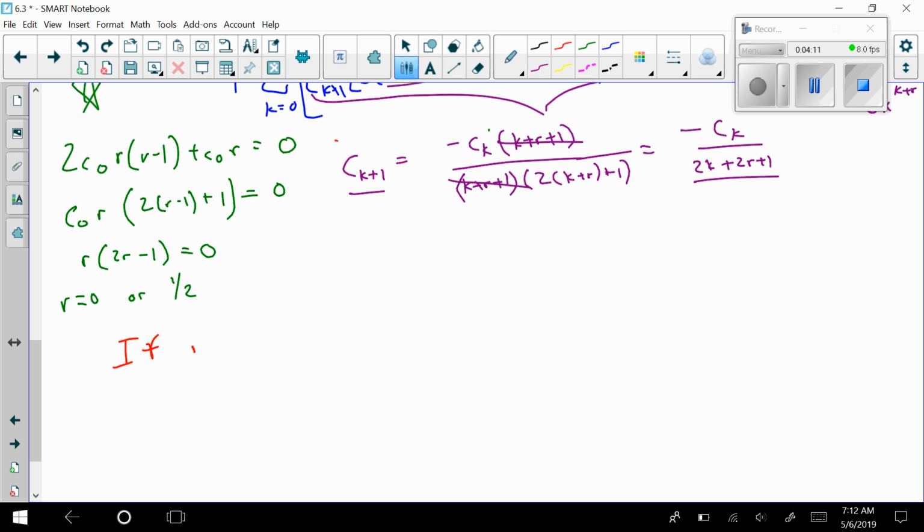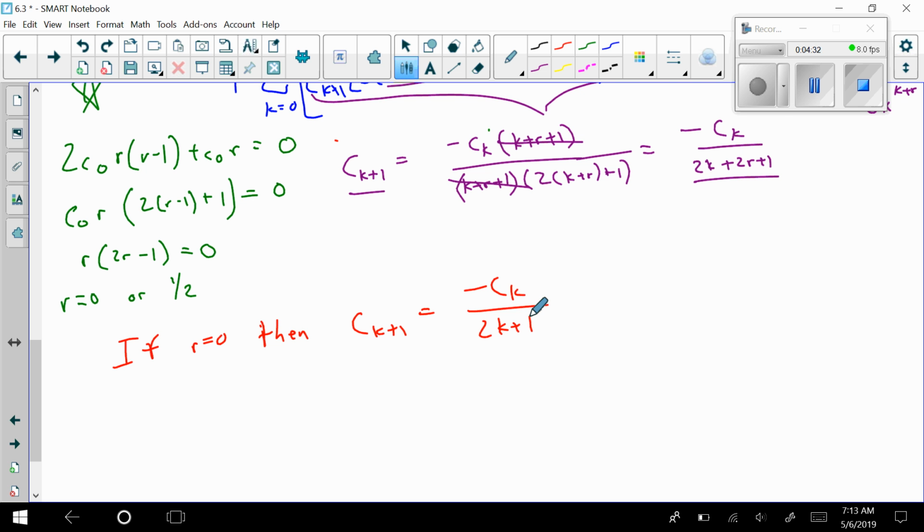If r equals 0, then my new one would be c sub k plus 1 equals a negative c sub k up top. That's not going to change. Now r is 0, so this cancels out, and it's just 2k plus 1.